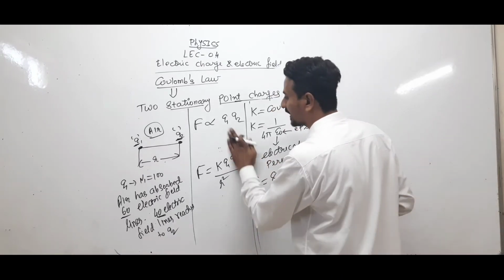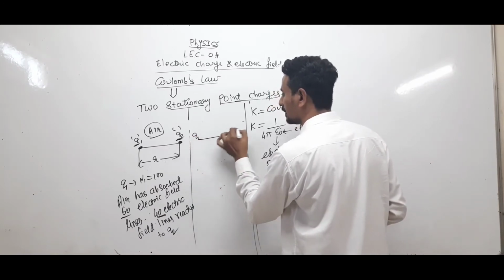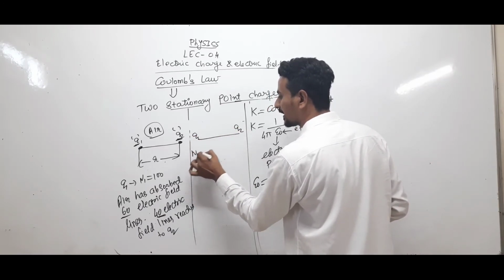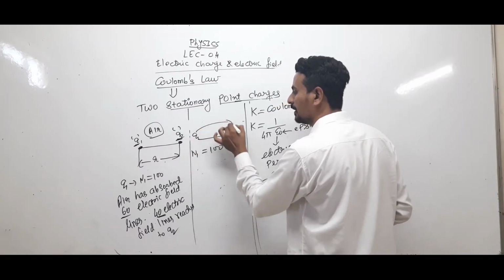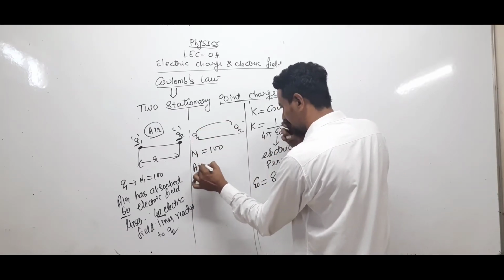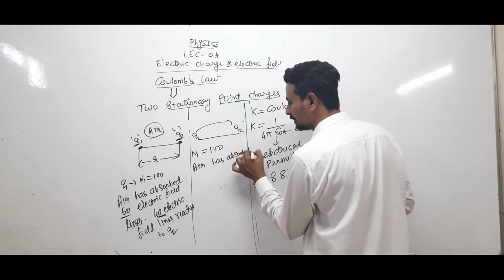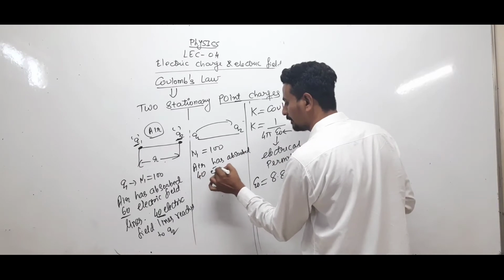If I take one more example, where the same 100 electric field lines are coming from Q1, but now the medium, that is air, has absorbed 40 electric field lines.